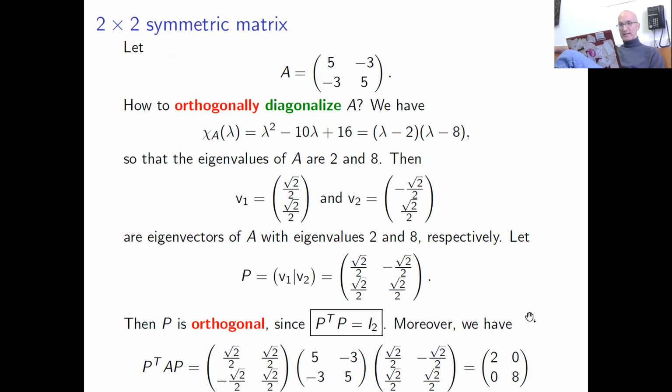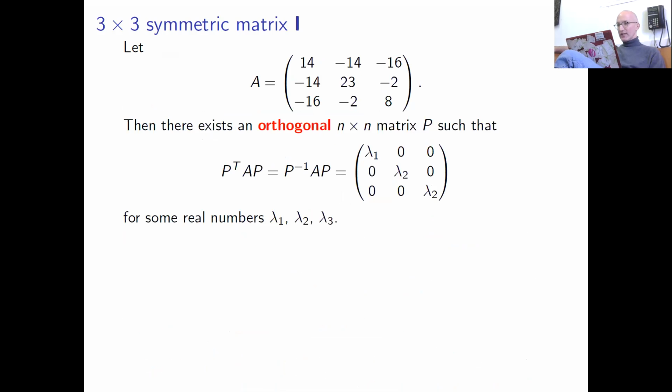Okay, this is it. Let's consider 3x3 examples, so I can show you one small shortcut, which may save you a few minutes when you consider a similar problem by yourself. I take this matrix; it's symmetric.